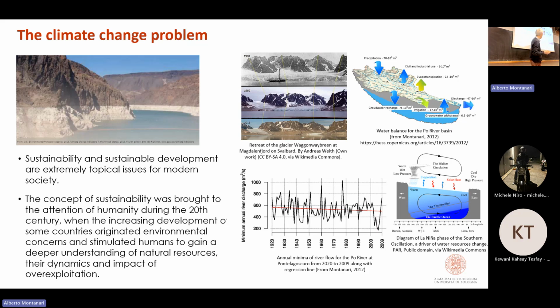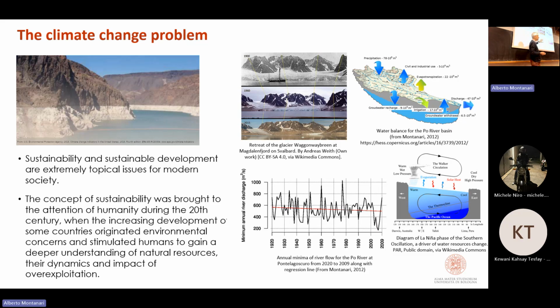This figure refers to the period from 1920 to 2009. It is a decrease that is affected by some variability. So the trend estimation here is uncertain because of the presence of a lot of variability. But if we just look at the trend, it is decreasing.